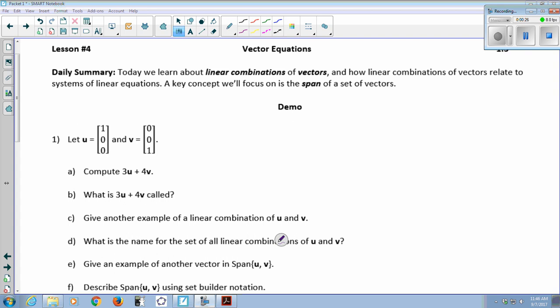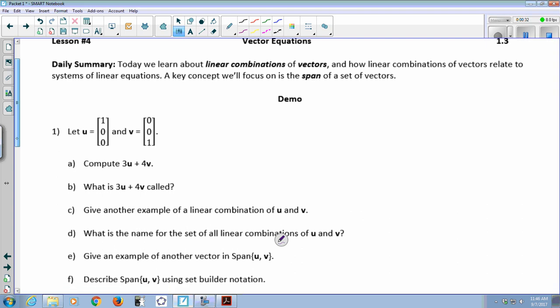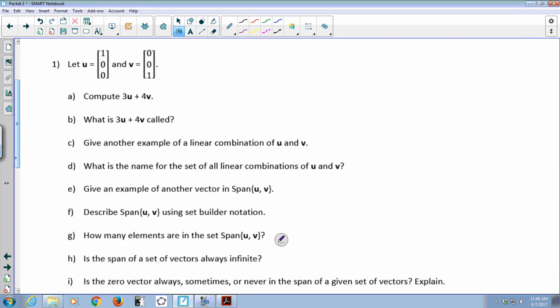Okay, so if we have two vectors, u and v, u is going to be 1, 0, 0, and v is going to be 0, 0, 1. If I compute 3u plus 4v, that's going to be 3 times 1, 0, 0 plus 4 times 0, 0, 1.